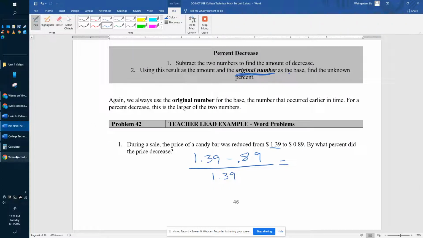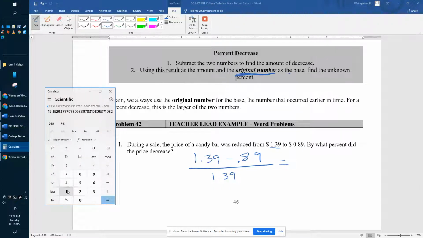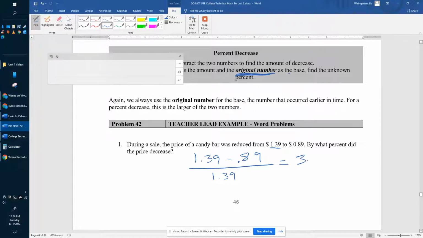That's going to make it different than the one we did previous. Times 100. And we get a 36% decrease.